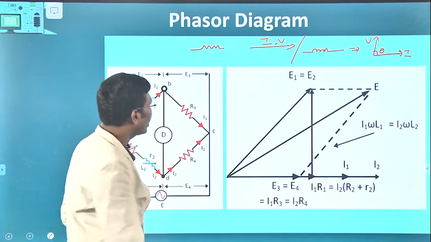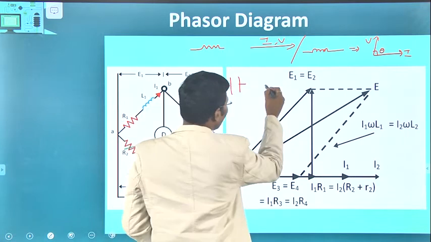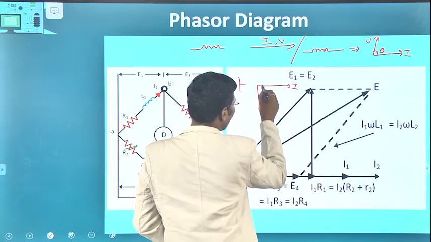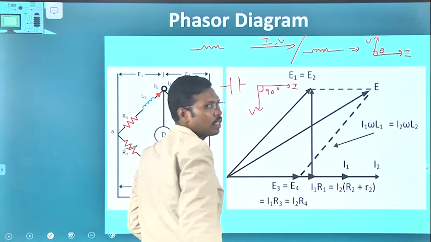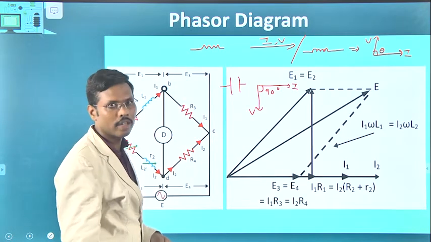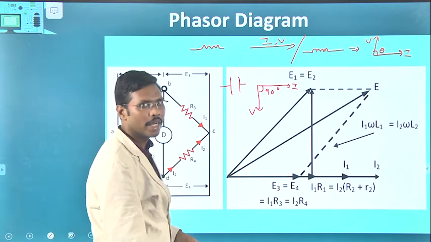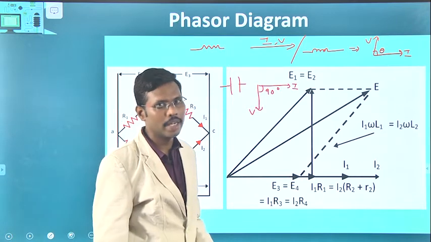Similarly, if you consider a capacitance, then current will lead voltage by 90 degrees. So, for a resistor, both current and voltage are in phase, for an inductor, voltage will lead current by 90 degrees, and for a capacitance, current will lead voltage by 90 degrees.